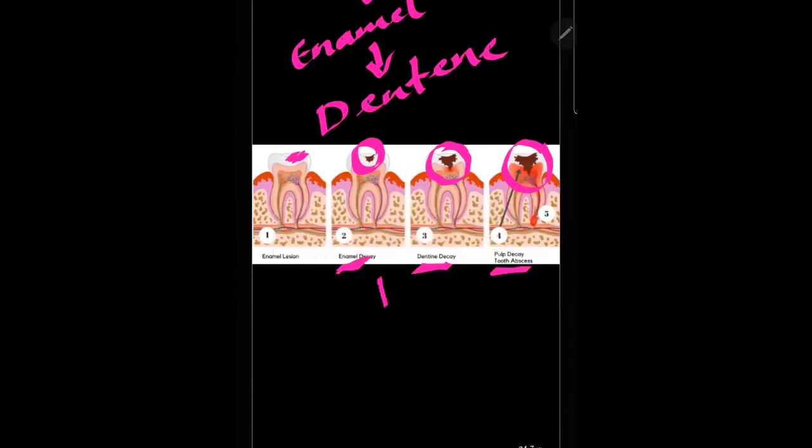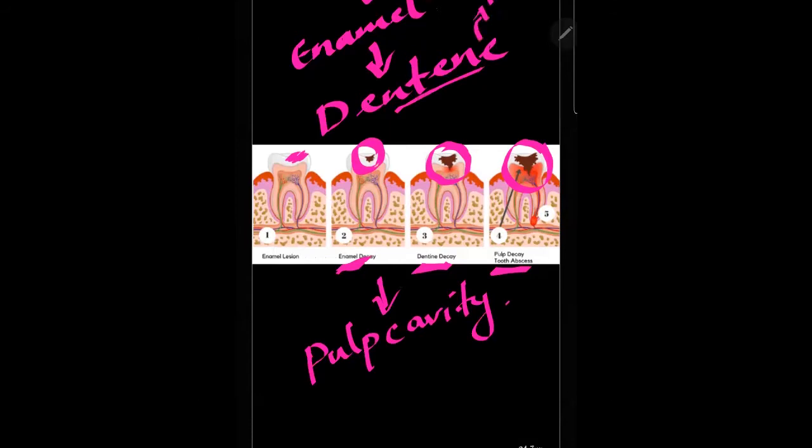Below the dentine is the pulp cavity. The enamel is first degraded by the acid that is released, and then the dentine is affected. Dentine is a living part, and enamel is non-living.